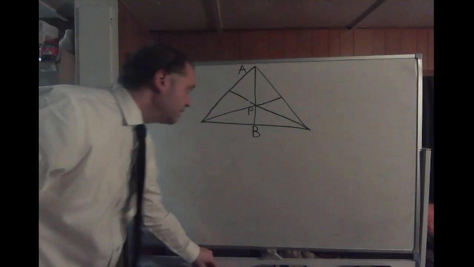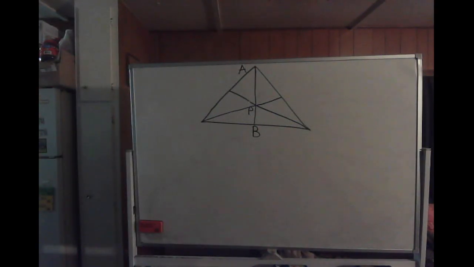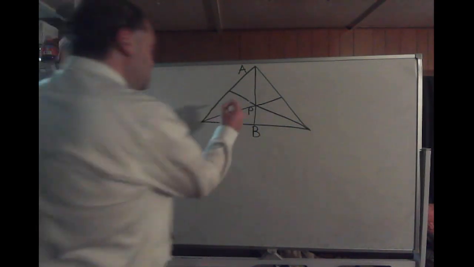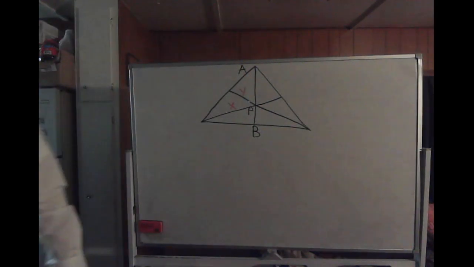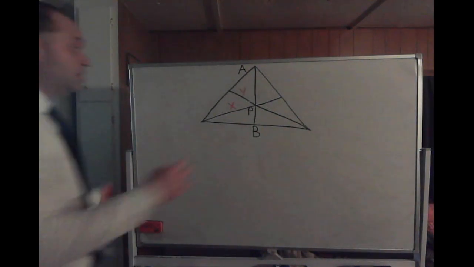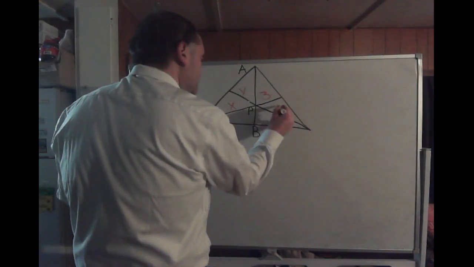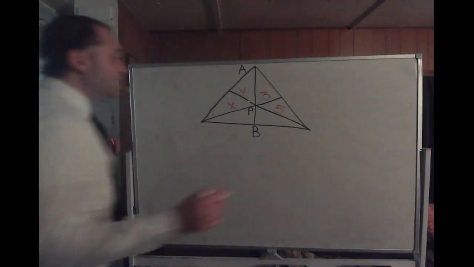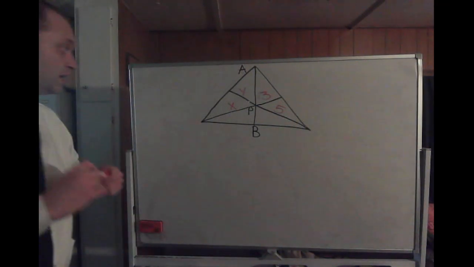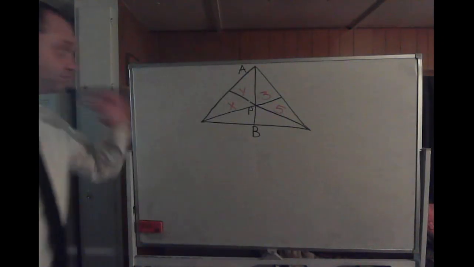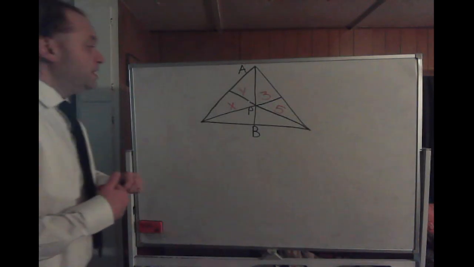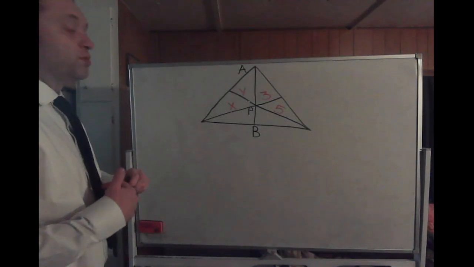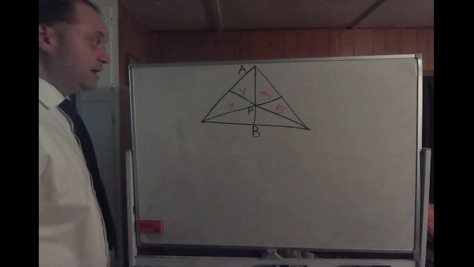Trust me, you don't need them. This is X. This is Y. This is 3. This is 5. Okay. Well, we need to find, to start with, we're going to find X and Y, are we not?